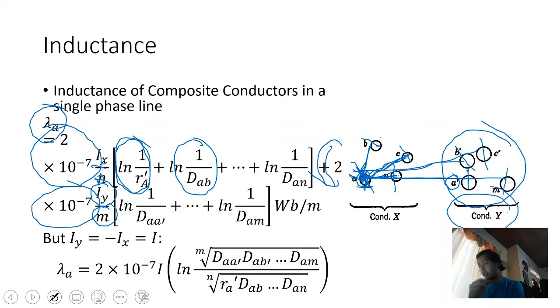Okay? Now, take note that IY, because this is single phase, so IY is just the negative of IX. So, we can represent that as I, and then, so you get this I, and then this ln na nakadivide siya.